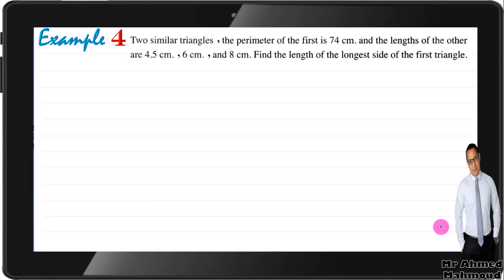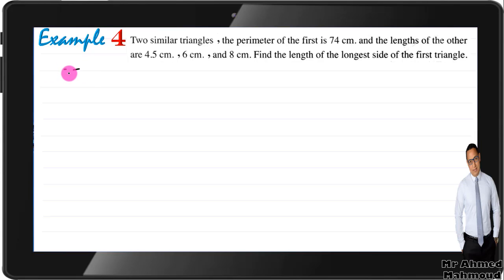Two similar triangles, the perimeter of the first is 74 and the lengths of the other are 4.5, 6, 8. Find the length of the longest side of the first triangle. Okay, now I will call the sides of the first triangle S1, S2, S3.